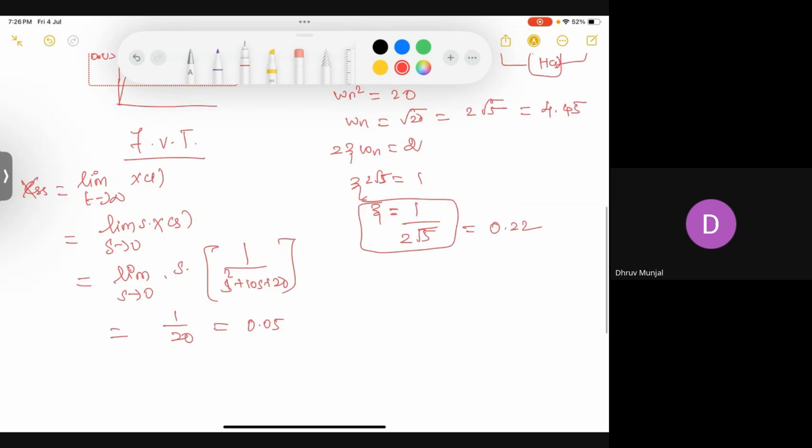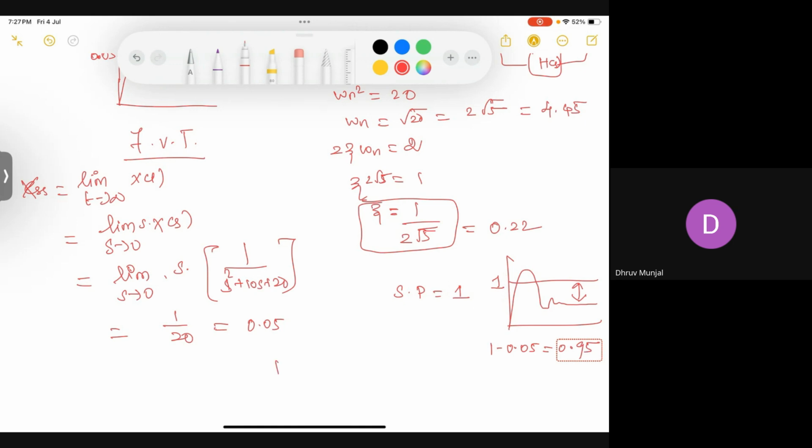But our set point we have given is 1. The system is expected to give 1, but it is giving a response of something like 0.05. This is a very large difference, right? 1 minus 0.05 would be 0.95. It's a very large difference between the expected and the desired response.